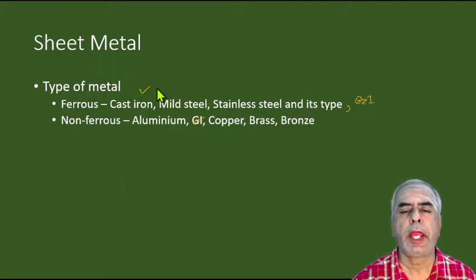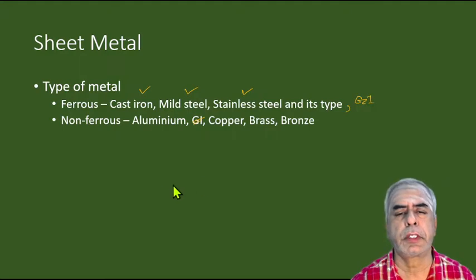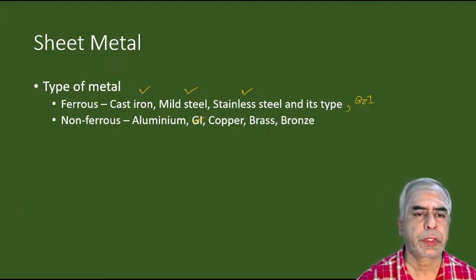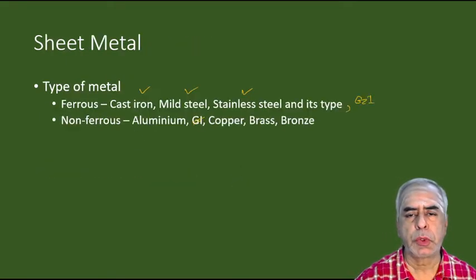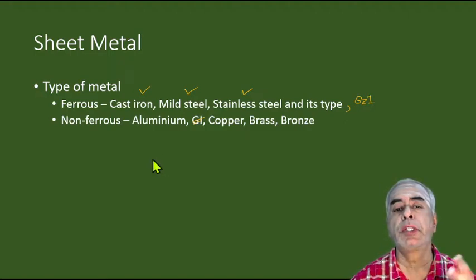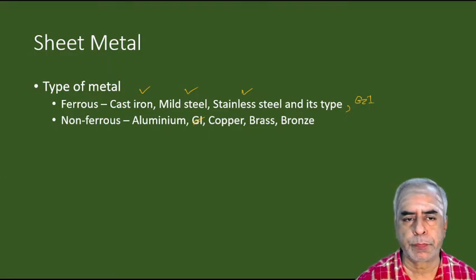Then under ferrous we have cast iron, mild steel, stainless steel, and different types of stainless steel like 224, 316, etc. In fact, we need to justify first of all what type of coating will withstand over which type of metal. So this is very, very important.